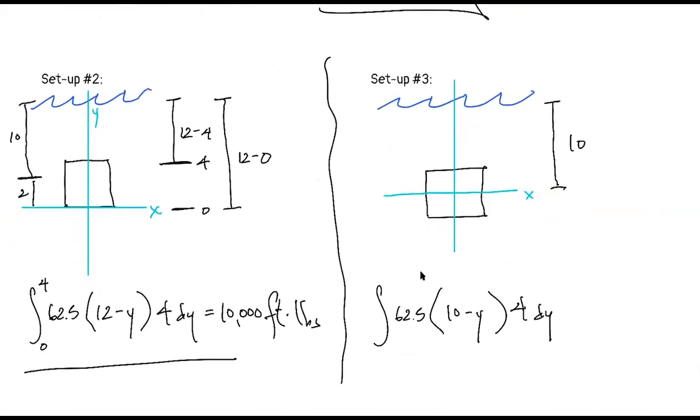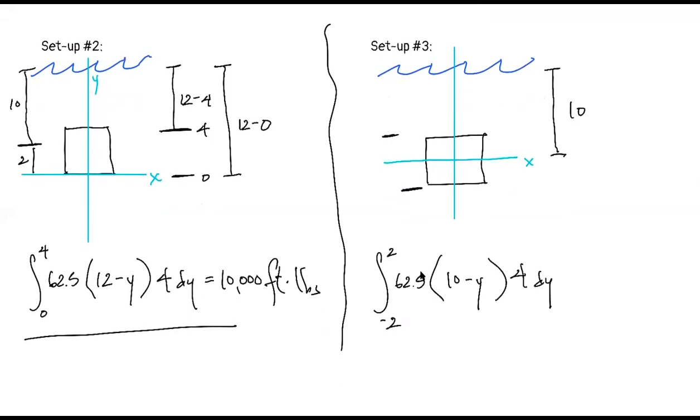Now, our last things that we need to figure out here are our bounds. So what do we think our bounds are for this setup number 3? -2, +2. Beautiful. I love it. -2, because we go 2 below to get to the bottom of the plate. And +2 because we go 2 above to get to the top of the plate, okay?